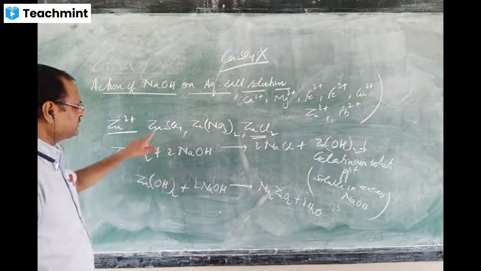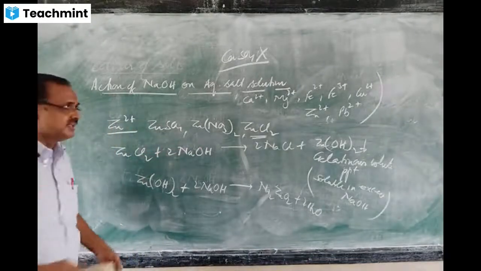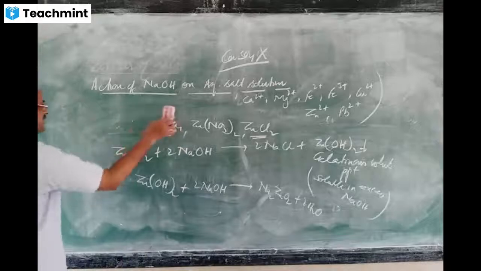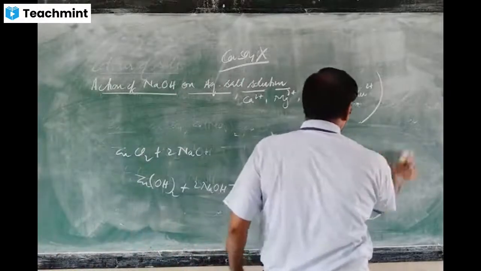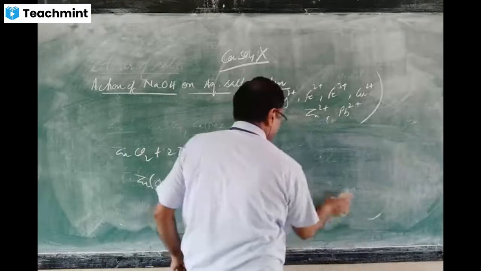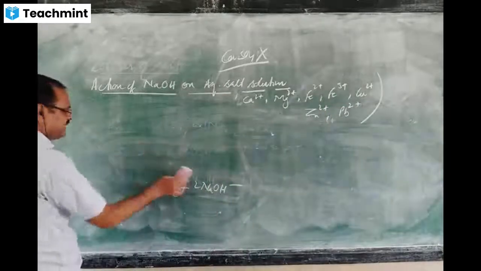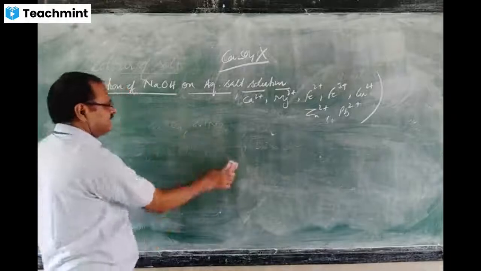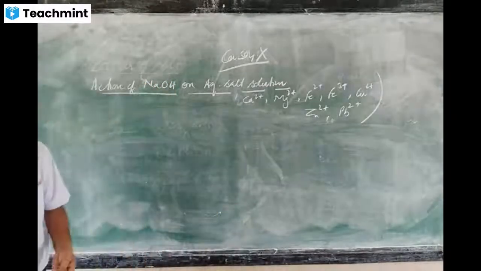The zinc sulfate one is given in the book, and zinc nitrate you can do by yourself. Now the last one, lead. Of the soluble salts of lead, only one exists, lead nitrate; the rest, lead chloride and lead sulfate, are insoluble in water. So for them it is not applicable.